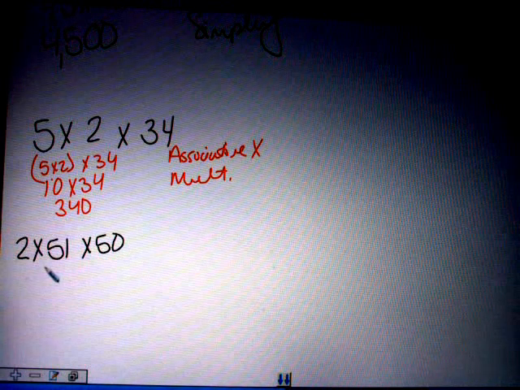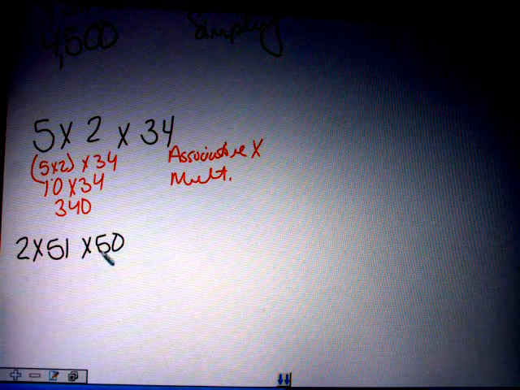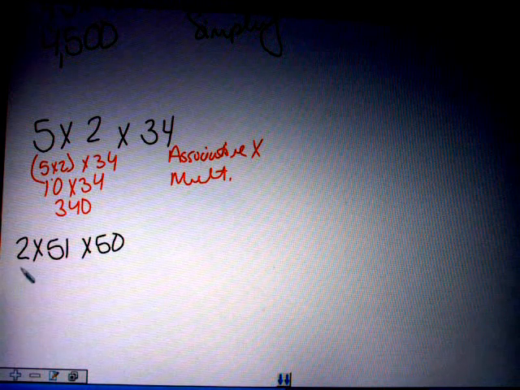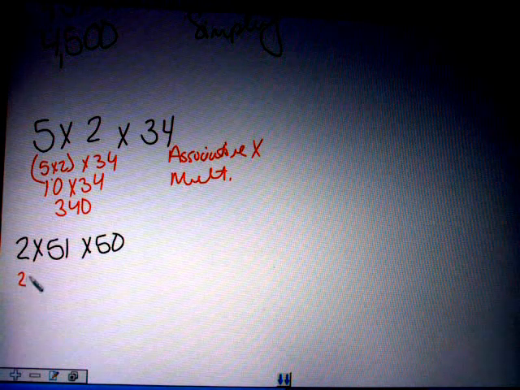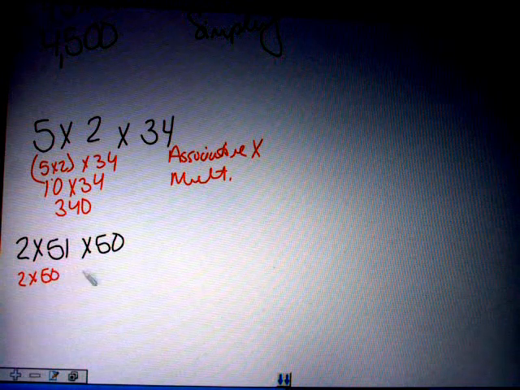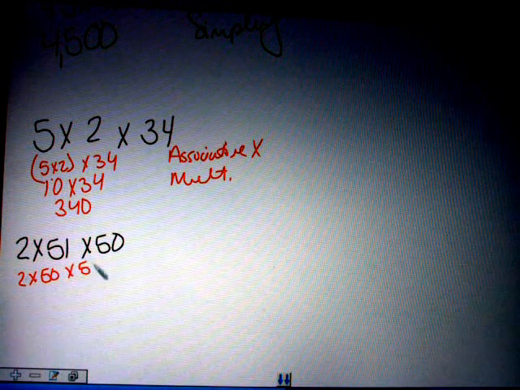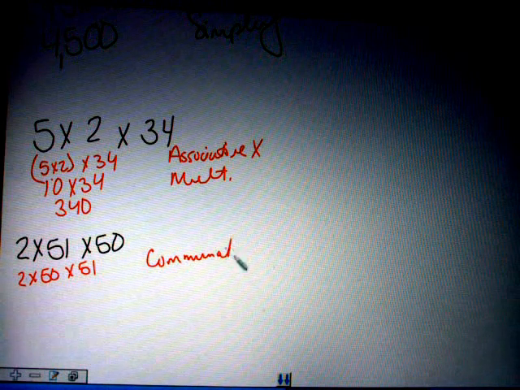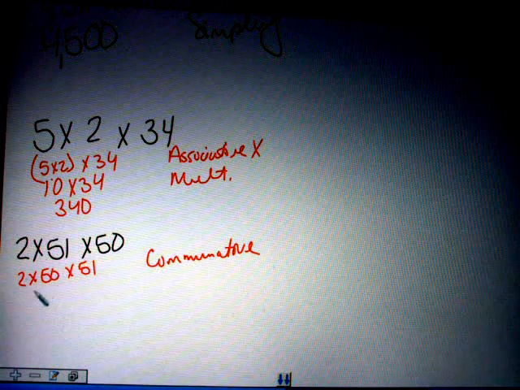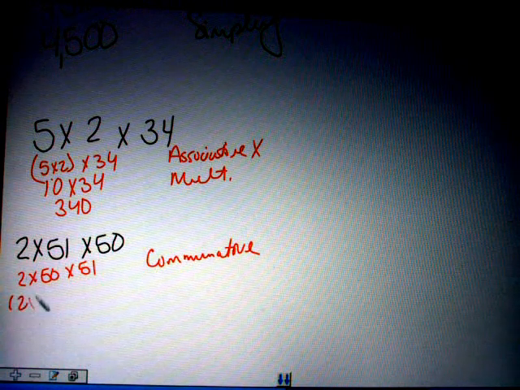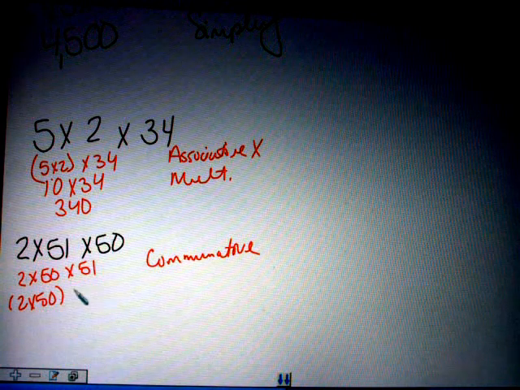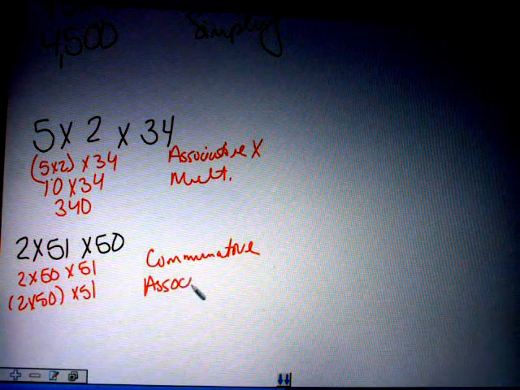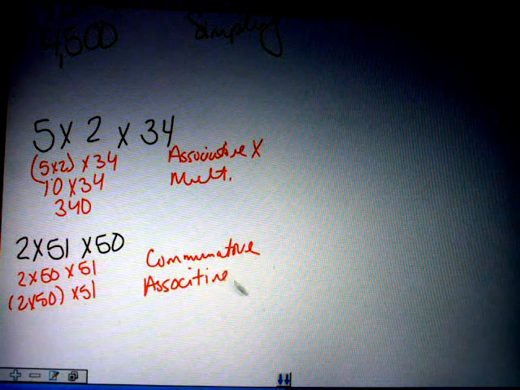When I look at this problem down here, I've got a 2 and I've got a 50. That's so much easier to multiply in my head. So I'm going to use my commutative property to make it 2 times 50 times 51. So that's my commutative. Then I multiply 2 times 50 together first, times 51, and I can do that because I know what the associative property is.